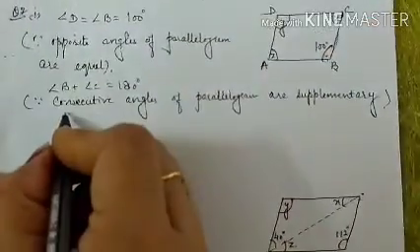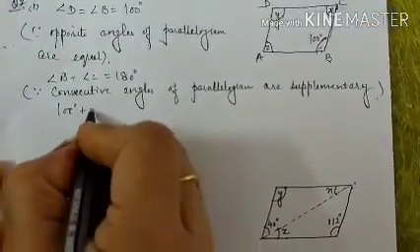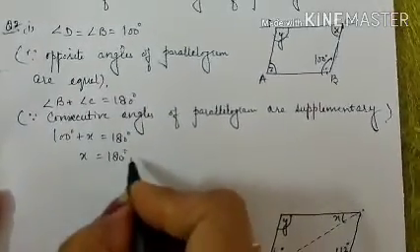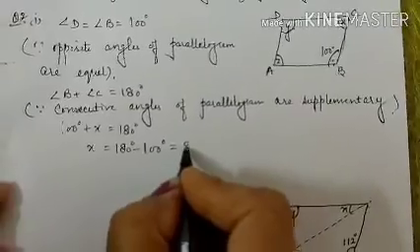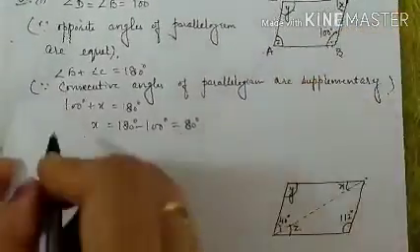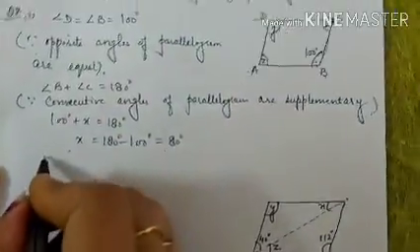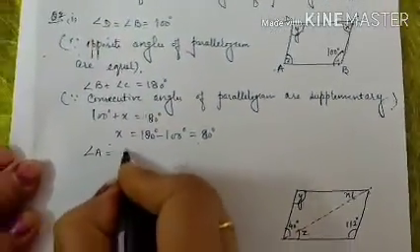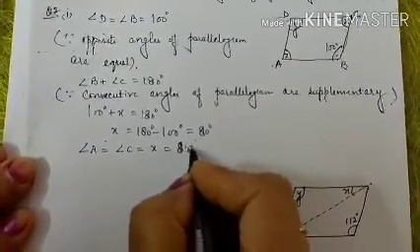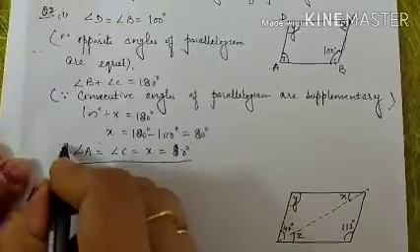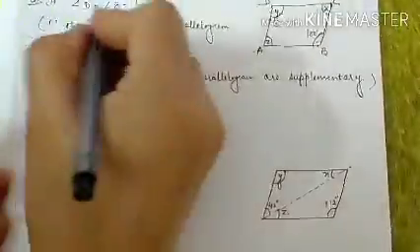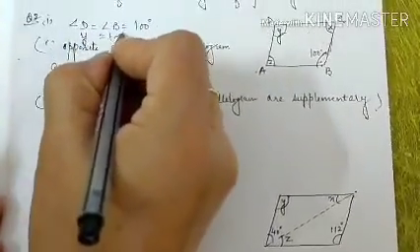Now B is 100 degrees, C is x, so x is equal to 180 degrees minus 100 degrees, that is 80 degrees. And A is equal to angle C. Again the same reason, opposite angles of a parallelogram are equal. So angle A equals angle C, that is 80 degrees. Here you can write y is equal to 100 degrees.